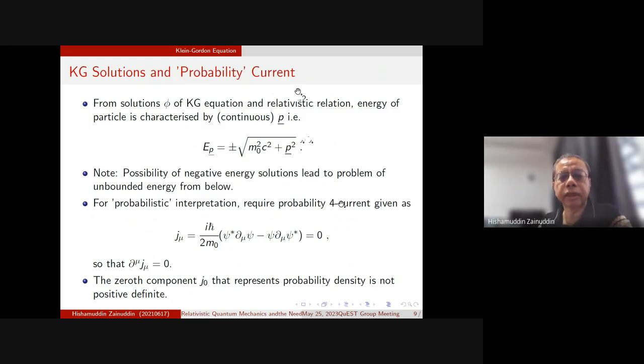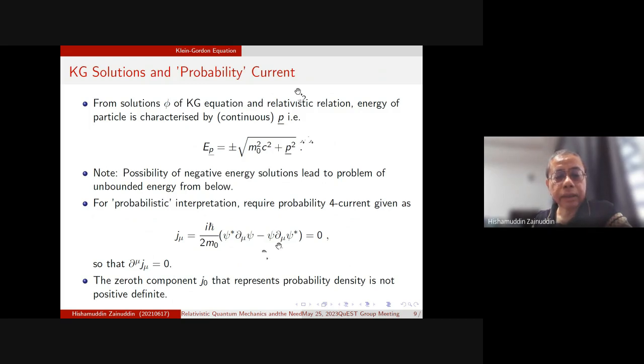So here's a four current. For the spatial coordinates, you have the gradient, which is what you see in the probability current in the non-relativistic version. For the relativistic version, you also have the time derivative.